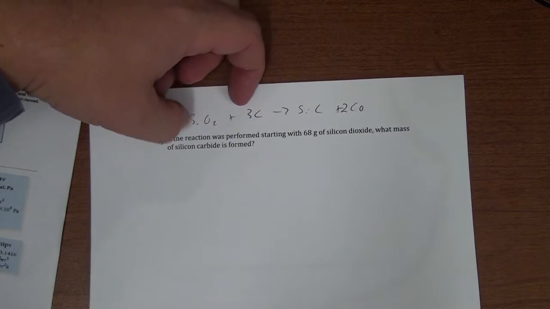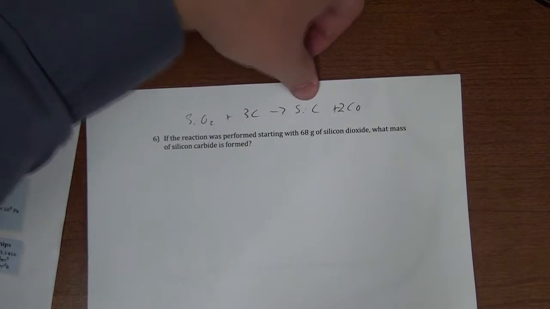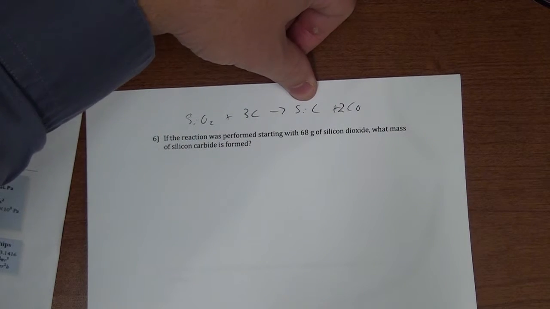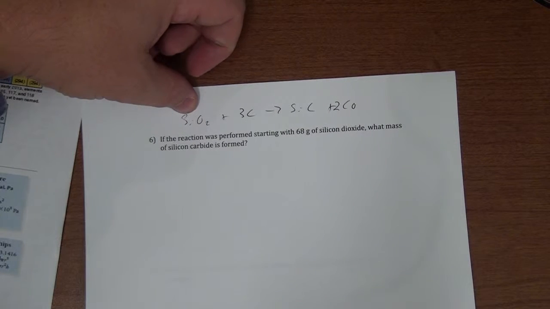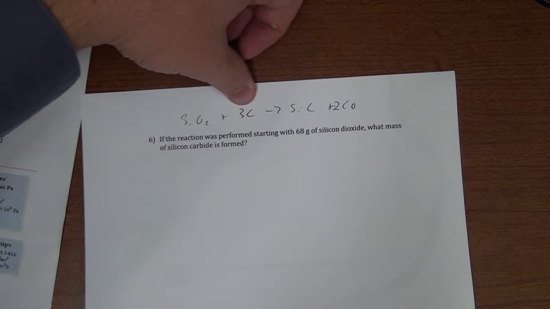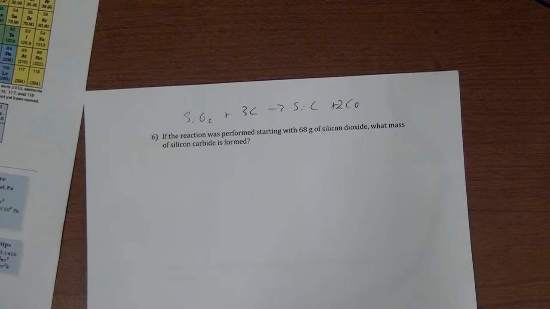So for every 1 mole of silicon dioxide that reacts, we get 1 mole of silicon carbide. Or for every 1 mole of silicon dioxide that reacts, we have to react that with 3 moles of carbon. Right?